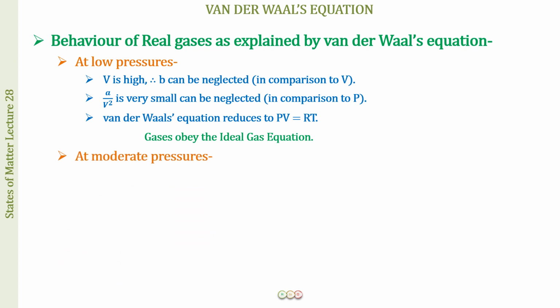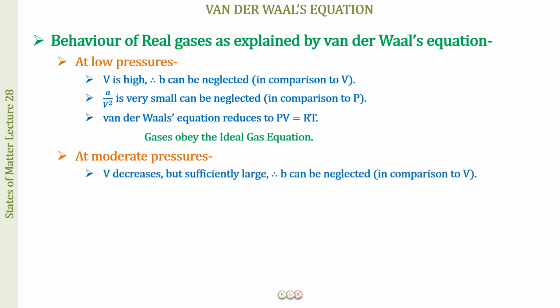Now, at a moderate pressure, we have started increasing the pressure slightly from a low pressure. When we increase the pressure, the volume of the gas decreases. But this is still not a sufficiently high pressure, so the volume is still large, and we can neglect b in comparison to V. But as the molecules come closer to one another, the intermolecular forces become appreciable.